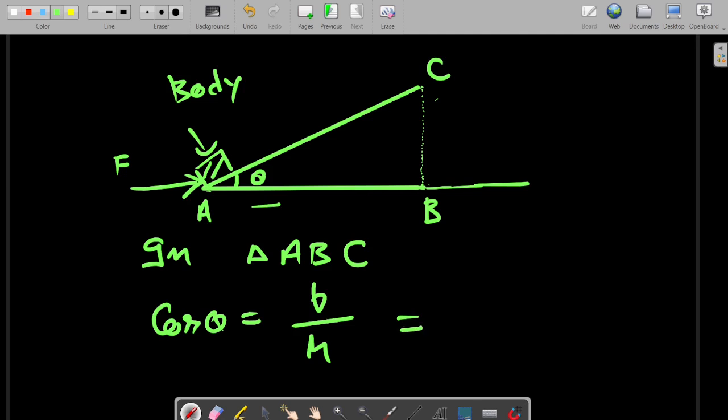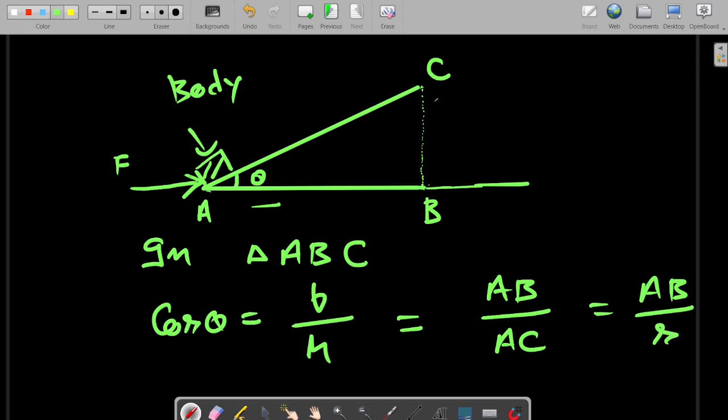So here base is AB and hypotenuse is AC, and AC is s.